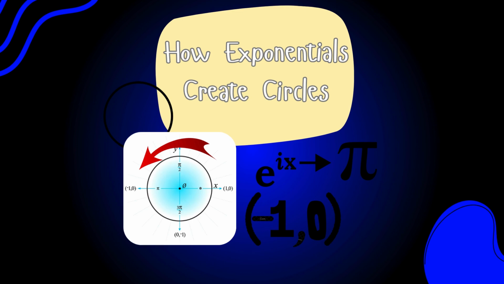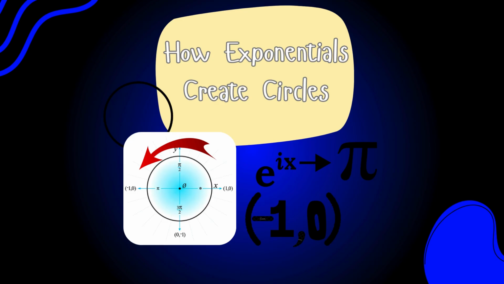Instead of growing outward, e to the power of ix rotates. As x increases, e to the power of ix moves around the unit circle like a clock hand sweeping out an angle. It doesn't spiral out, it doesn't shoot off, it stays on the edge of the circle. That's because imaginary powers of e encode pure rotation.